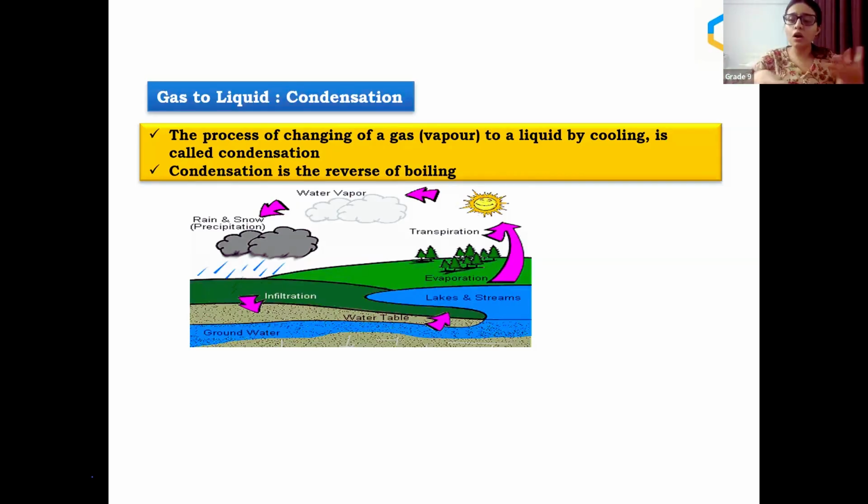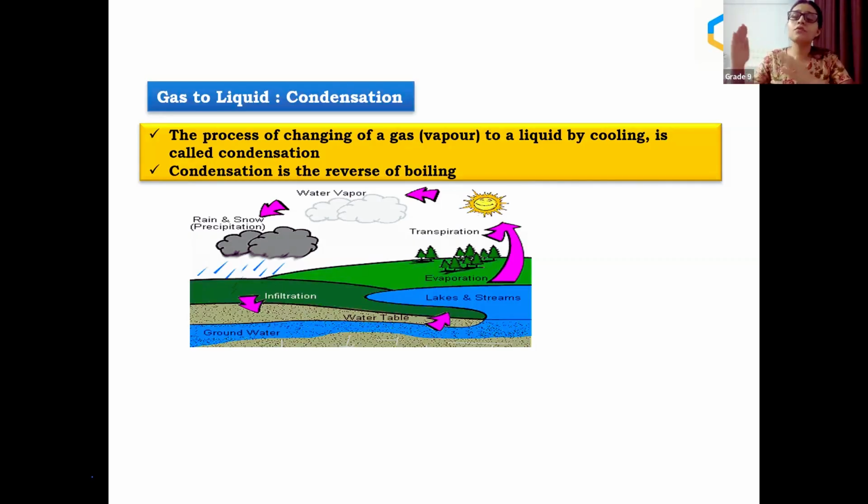In the northern plains, we get the rain in the form of liquid, right? But as we go up in the hills where there is a polar region, temperature is low. Then the rain which is falling in the form of liquid changes because temperature is low, pressure is high, and that liquid turns into snowfall or hailstones.